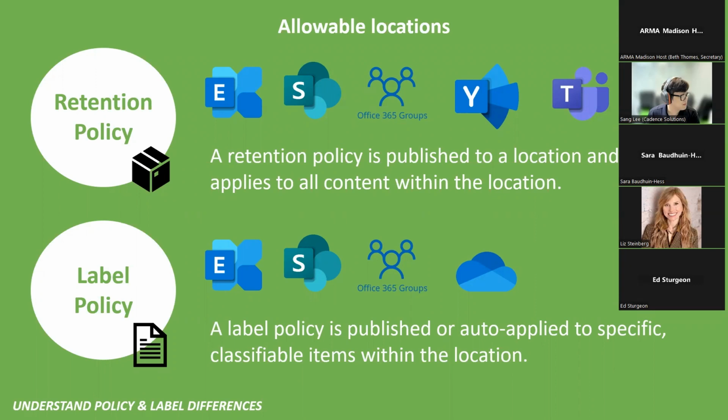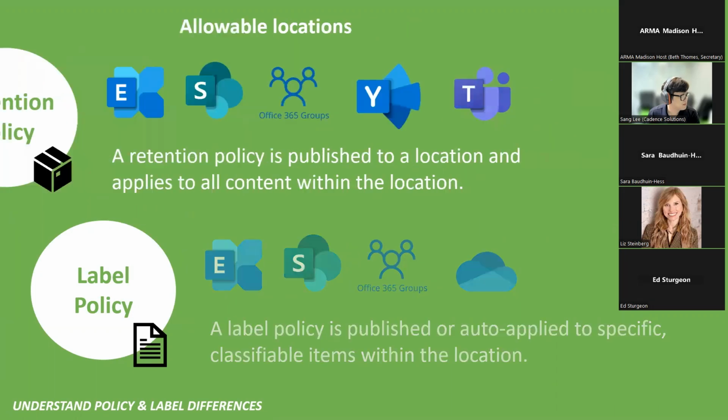So there's a difference in label policy and retention policy. Label policy being combined with the retention label for usage, and retention policy just sitting on its own as its own separate tool. And it will make more sense when we go into the demo so that we can actually see the differences.